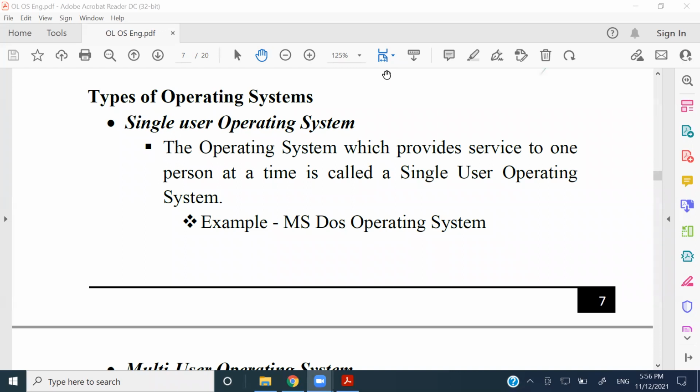It can be further explained as single user, single task operating system, but that is not in your syllabus. I'm telling you something additional for you. So single user, single task means only one user and can do only one task at a time, right?